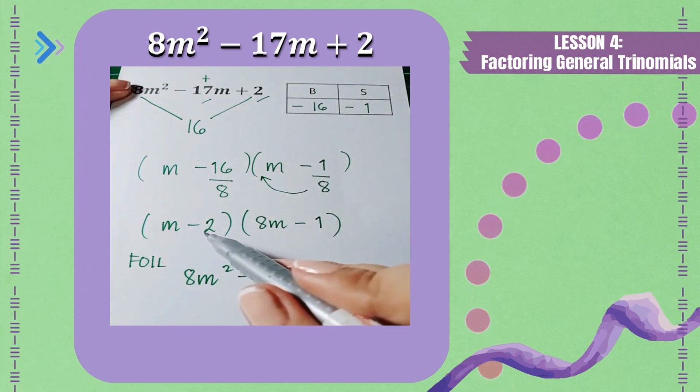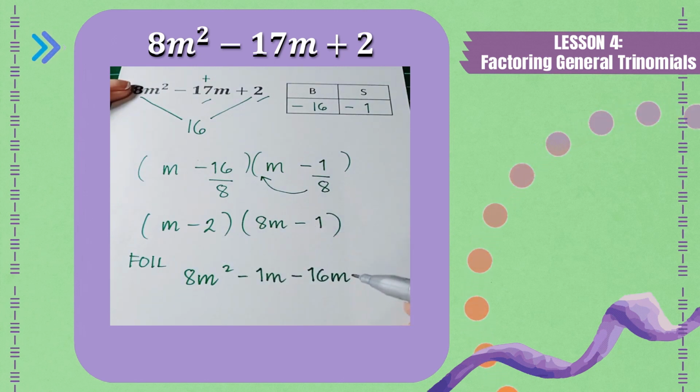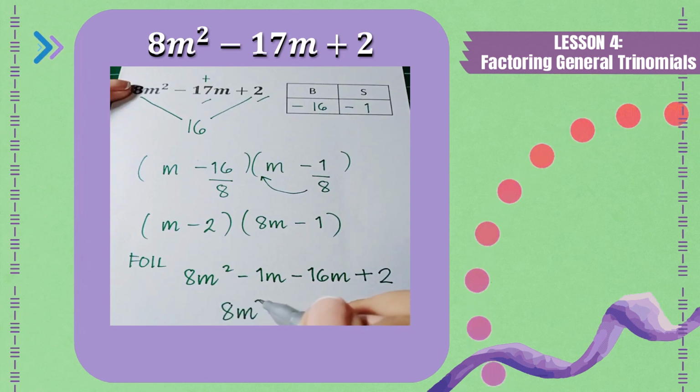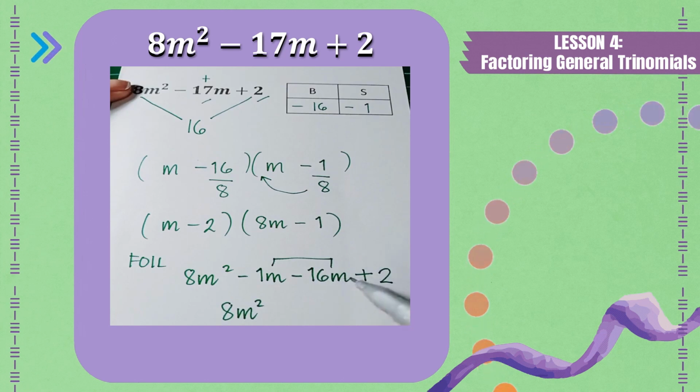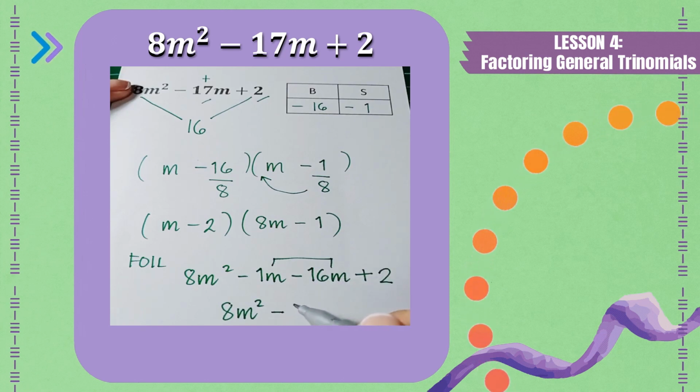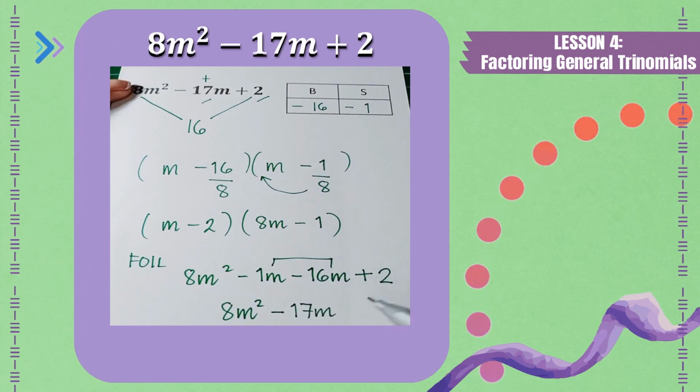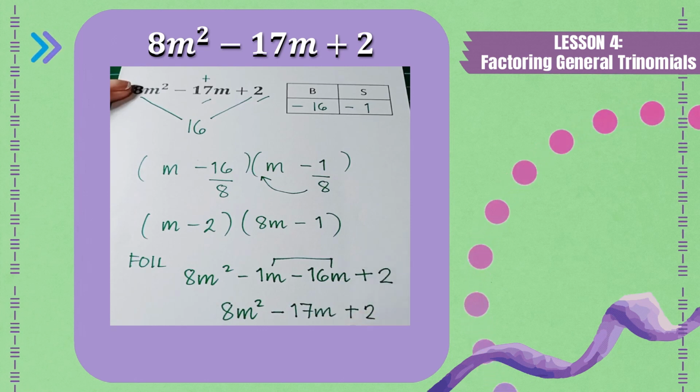Then, last terms, we have negative 2 times negative 1, which is positive 2. So, 8m squared. Then, combine similar terms, we have negative 1 plus negative 16m, negative 17m, then plus 2. So, ito yung original trinomial natin.